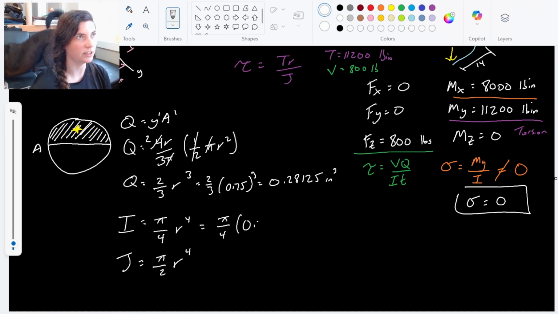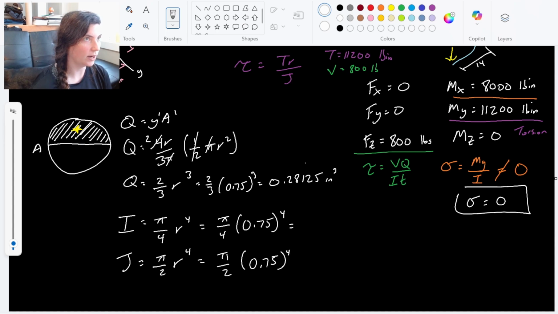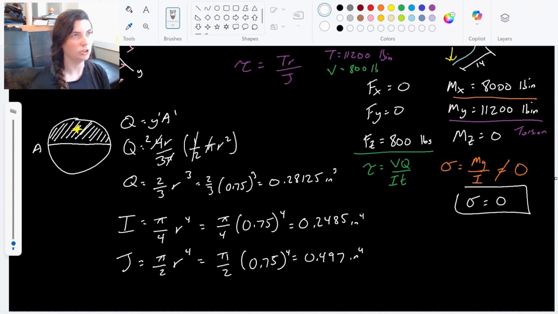They are different, they have different use cases, and they have different values here. They look very, very similar, but don't get them confused for a circle. The pi over 4, that's the regular moment of inertia, 0.2485 inches to the 4th. And then the J is the polar moment of inertia, which is twice that value.